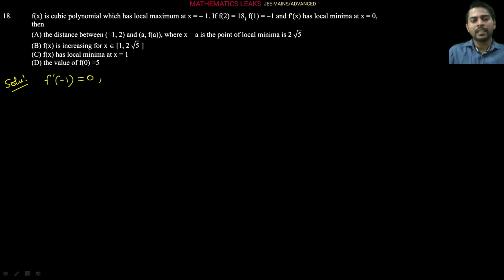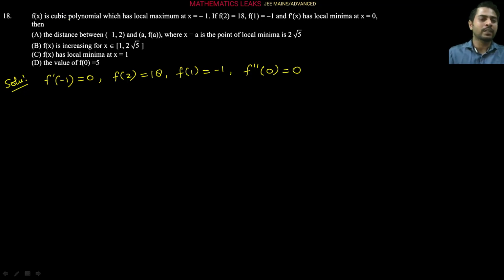Similarly, f of 2 is equal to 18 and f of 1 is equal to -1, and f dash x has a local minimum at x equals 0. That means f double dash at point 0 should be 0, right? So f double dash of 0 is equal to 0.